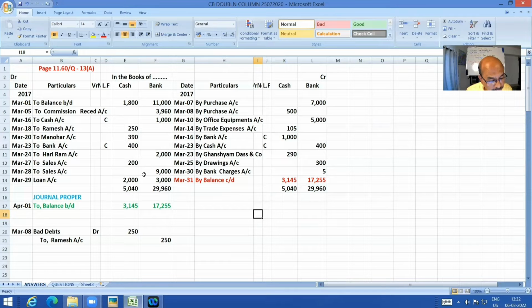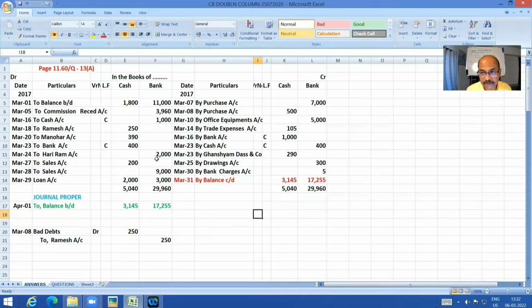First, we would have shown cash to Hariram 2000, thereafter bank to cash, a contra entry. So net effect will be nothing but bank to Hariram. So that only we are showing.